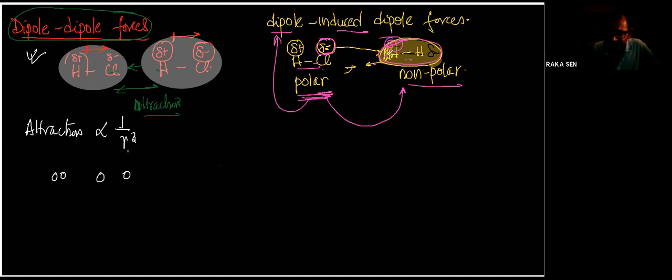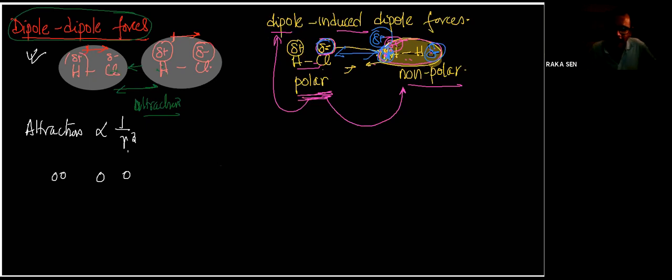As a result, the electronic cloud is going to shift from this area to this area. And if it shifts, then this will become delta positive, and this will become delta negative, because electrons have moved from here to here. Previously, it was neutral. Now I have got a delta positive center out here and a delta negative center out here. So there will be attractions between them.